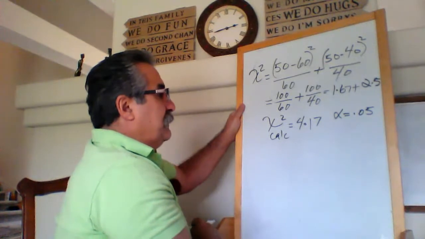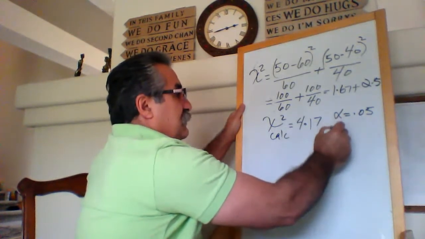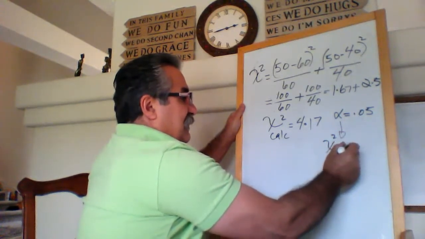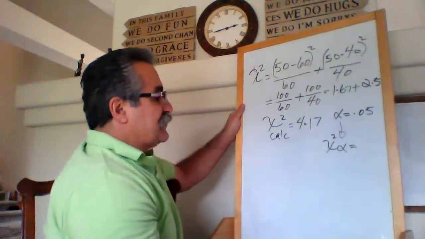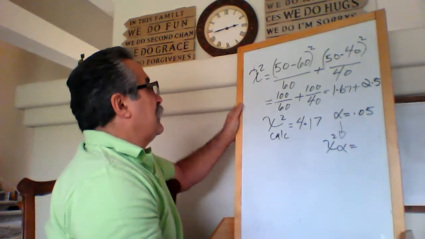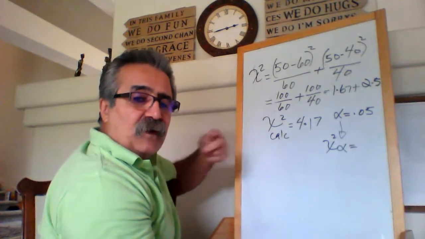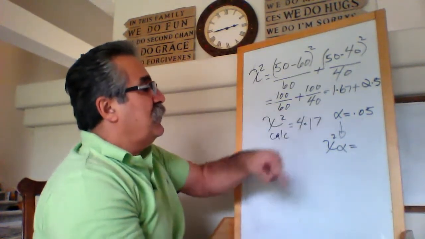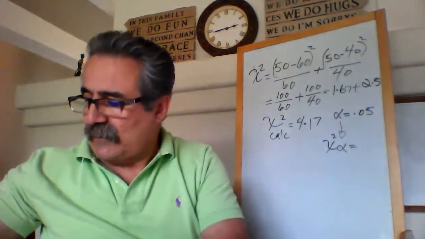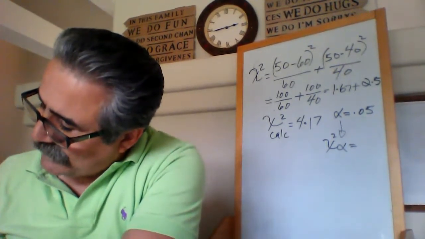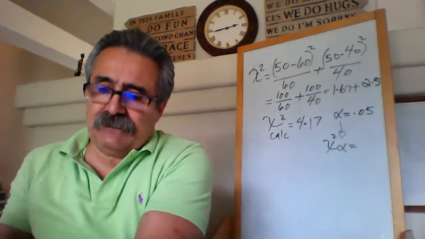All right? Now we have to go to the table and find out what chi-square of the alpha is. We have two categories. We go to degrees of freedom equal to 1, and we go under the column 0.05, and across from 1, we read the value, and that is 3.841.